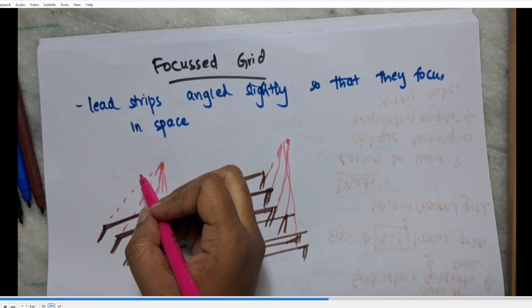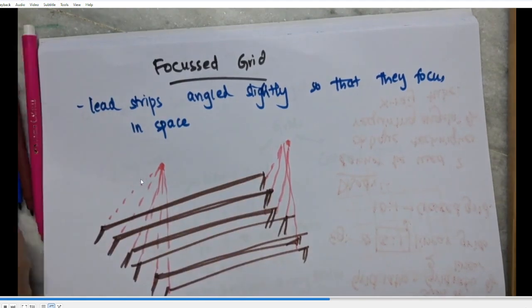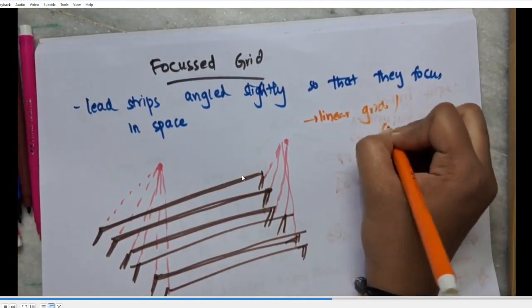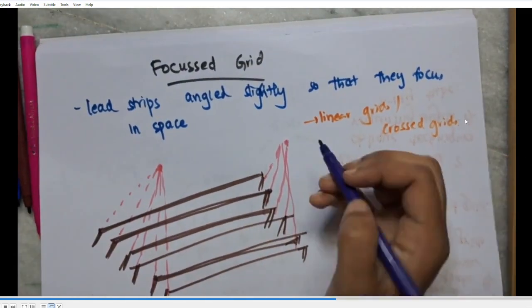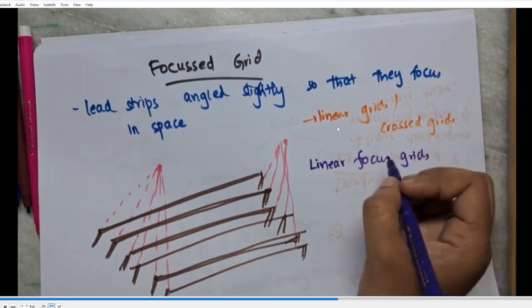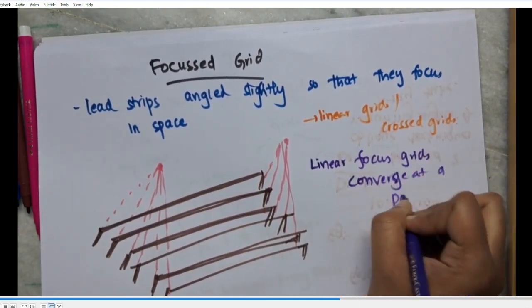A linear focused grid will converge in a line, and this line is called the convergent line. Focused grids can be linear or crossed because the focusing refers to the cross-sectional plane of the lead strips.